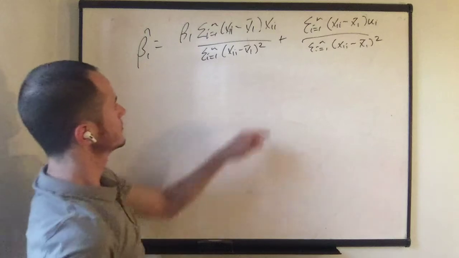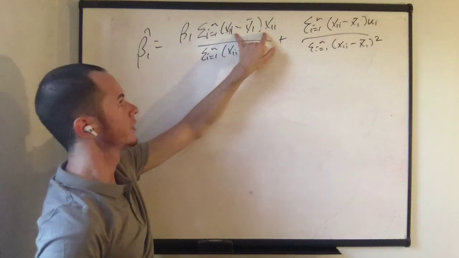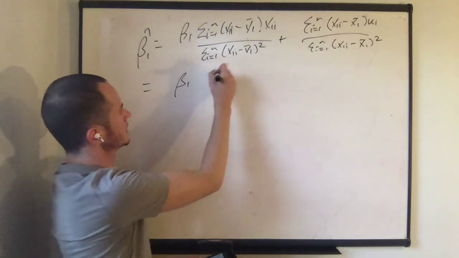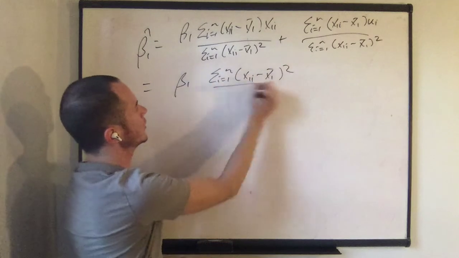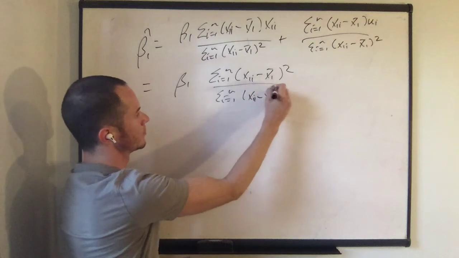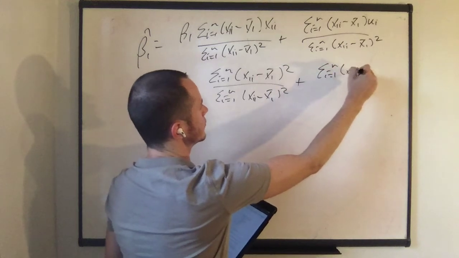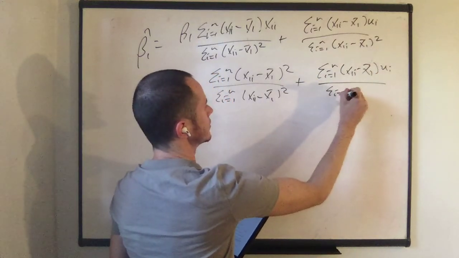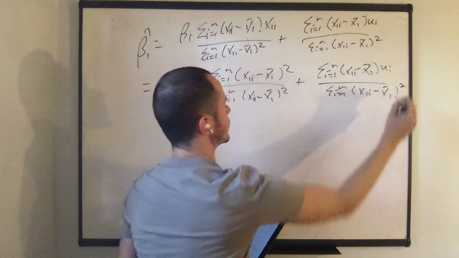And then we're going to substitute in, as we just showed, that this is equal to the sum from i equals 1 to n of (x1i minus x1 bar) squared. So it's equal to beta 1 times the sum from i equals 1 to n of (x1i minus x1 bar) squared over the sum from i equals 1 to n of (x1i minus x1 bar) squared, plus the sum from i equals 1 to n of (x1i minus x1 bar) ui, all over the sum from i equals 1 to n of (x1i minus x1 bar) squared.